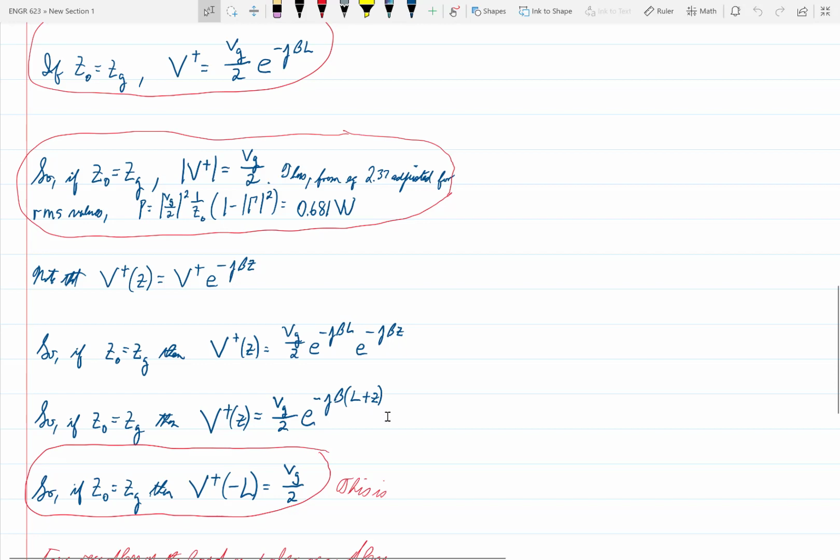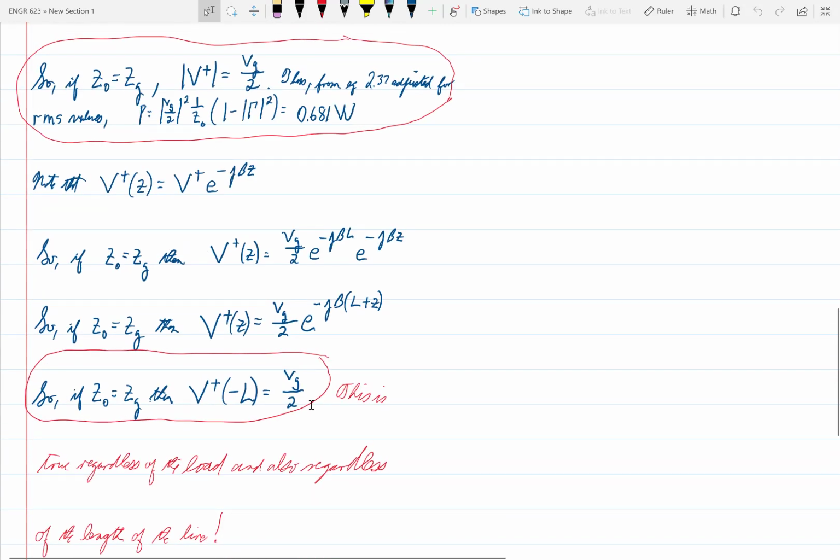And of course, then if we're looking at V plus of negative L, it will be equal to Vg over 2 always. So this is true regardless of the load and also regardless of the length of the line.